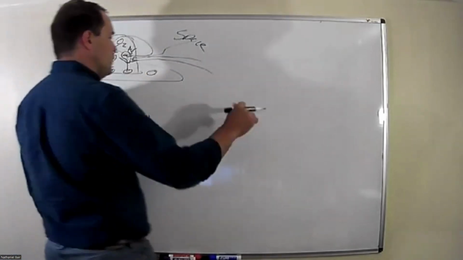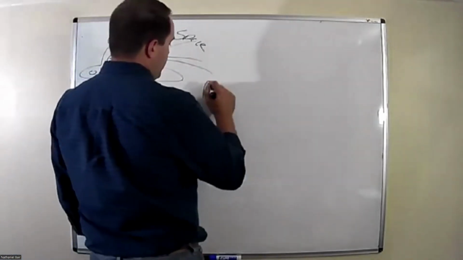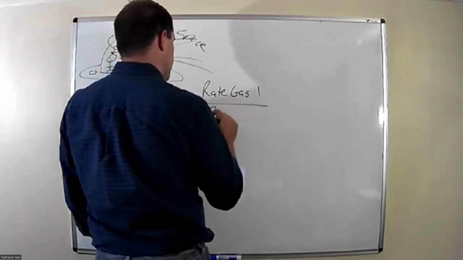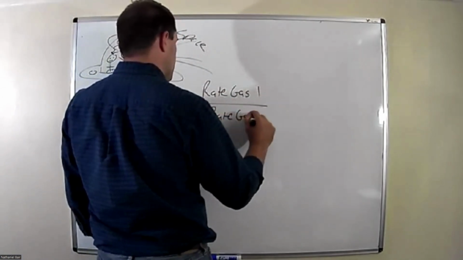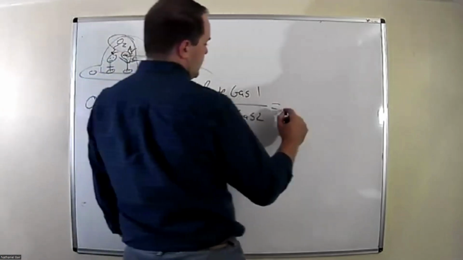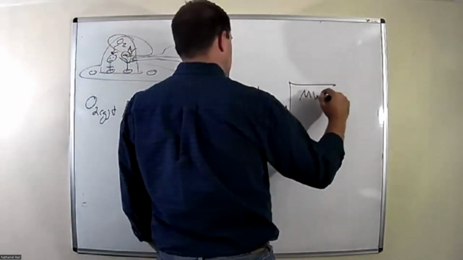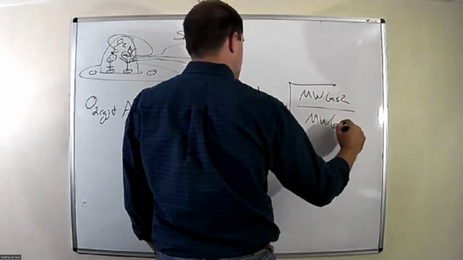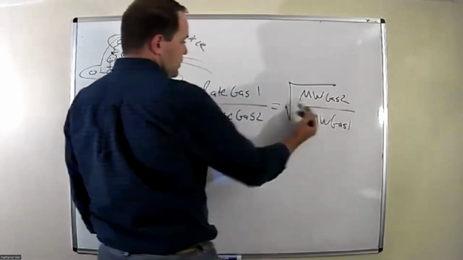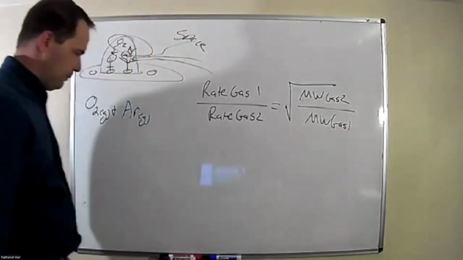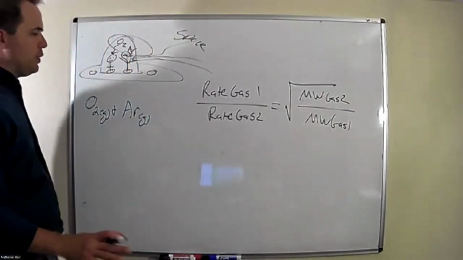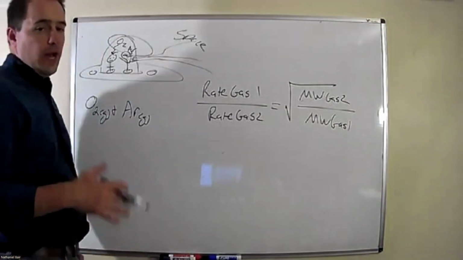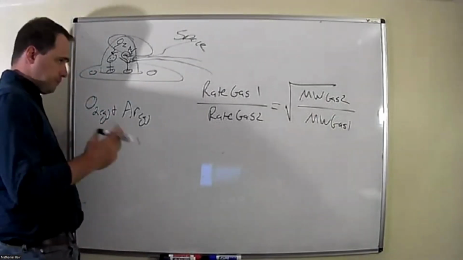And they're going to effuse, and Graham's law of effusion says the rate that gas 1 effuses divided by the rate that gas 2 effuses is equal to the square root of the molecular weight of gas 2 divided by the molecular weight of gas 1. So these two go together and those two go together. So it all comes down to which gas you're going to call gas 1 and which you're going to call gas 2. Doesn't matter to me.